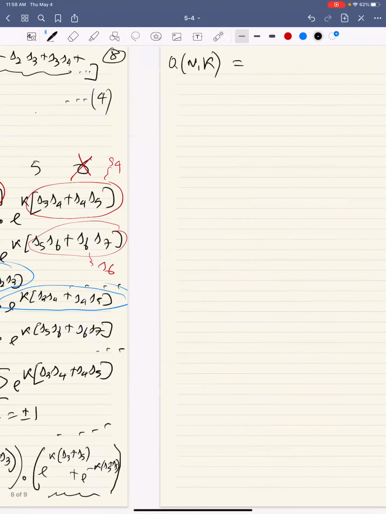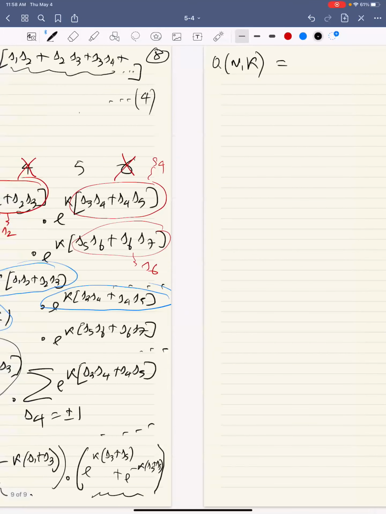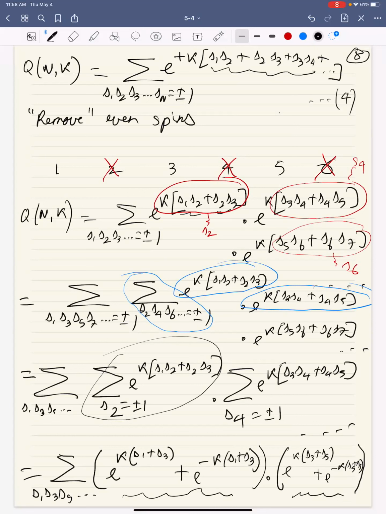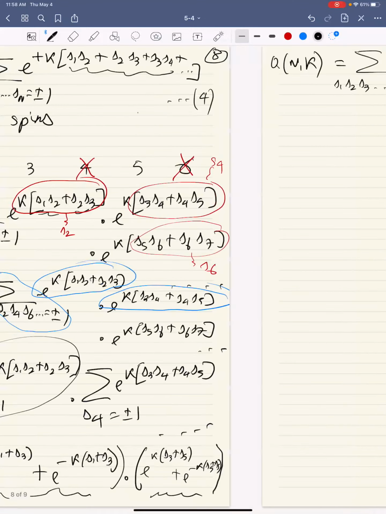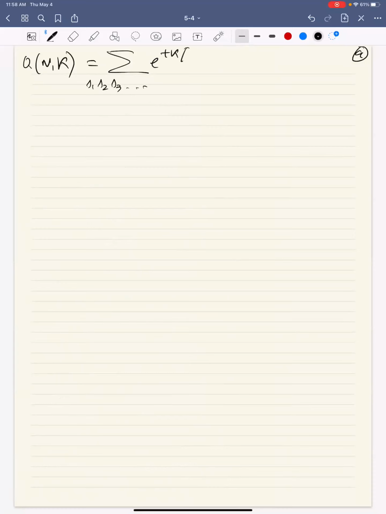Equation number 4 was going over every spin S1, S2, S3, and then doing e to the power plus k(S1S2 plus S2S3 plus S3S4), so on and so forth.